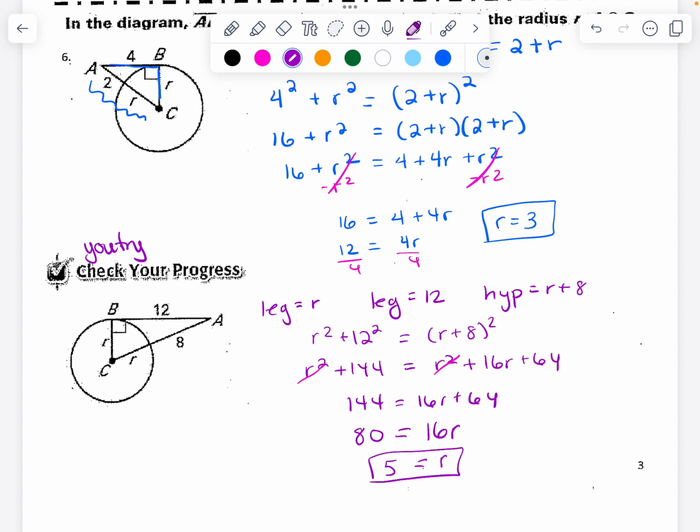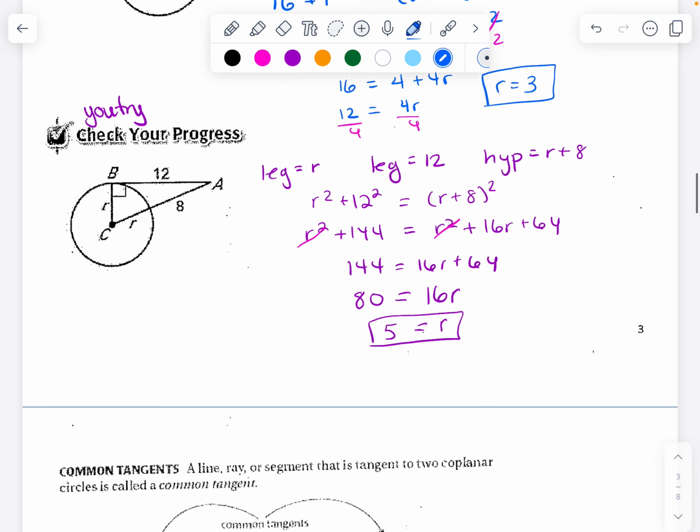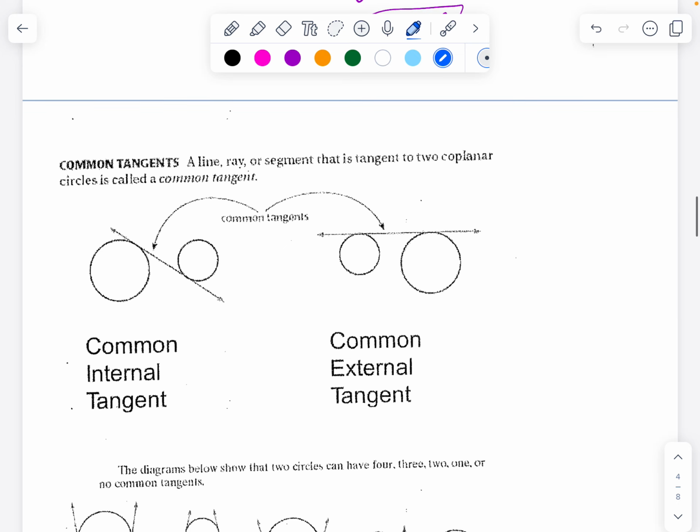And you should get that r equals 5. So you're going to have a few more of those problems on your homework later on in this packet. When you're ready, go ahead and turn the page, and we're going to take a look at tangents.